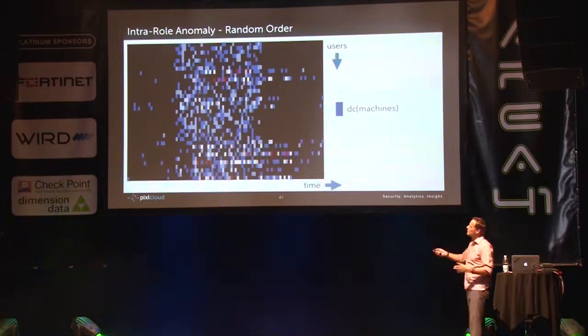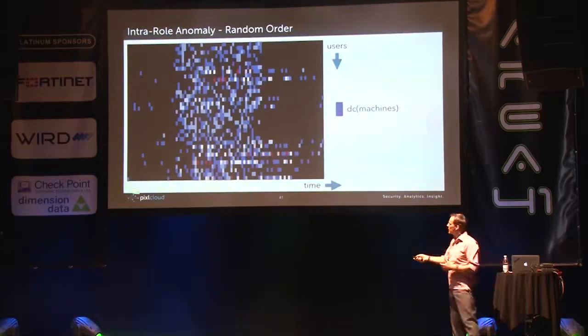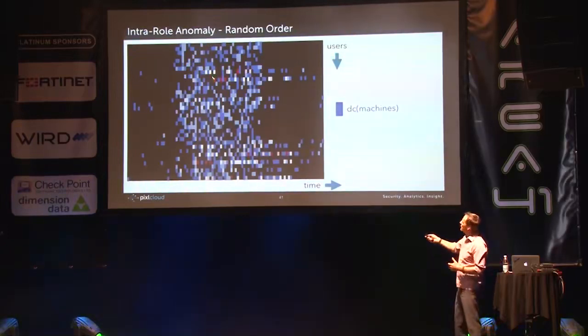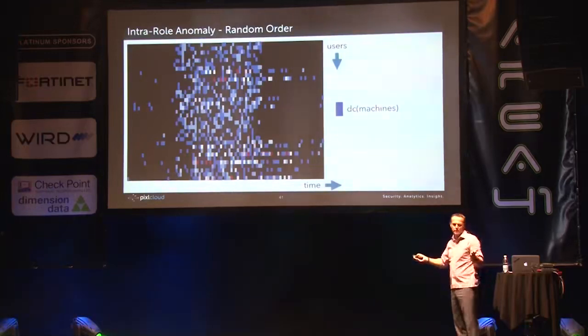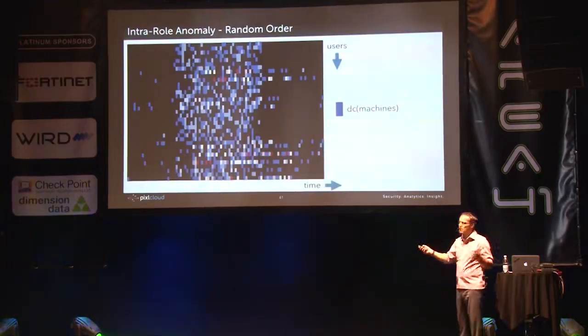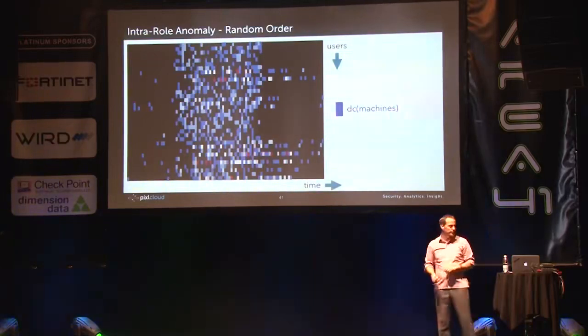Now if you look at this, you might be able to see some things in here. If this is a day's worth of data, from midnight to the next midnight, you might see a boundary here and maybe here, which might be a work day, right, 9 to 5. So you seem to have some normal users in this network.